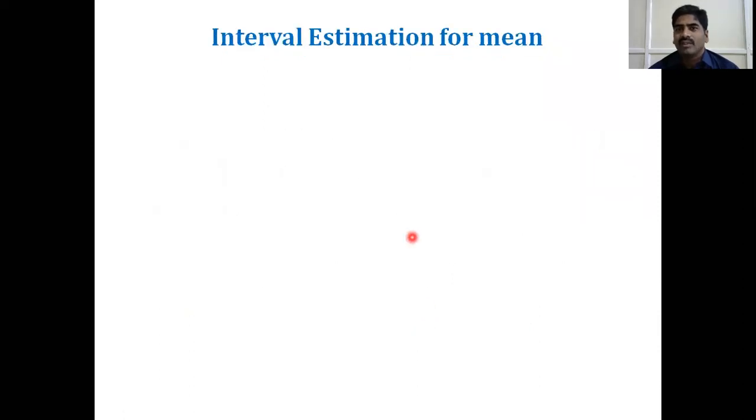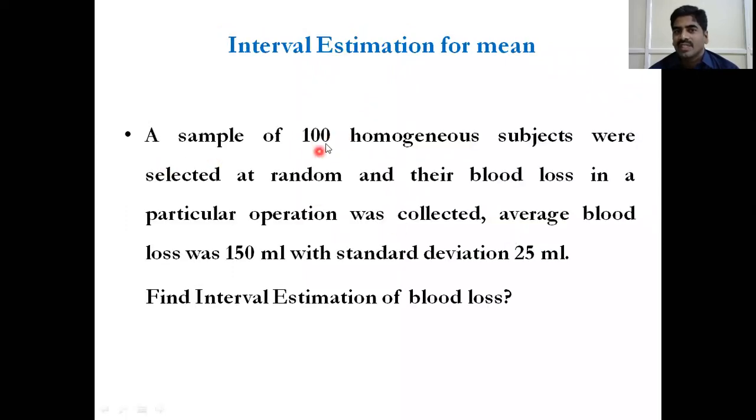See, what is the formula? First you have to calculate the standard error of mean. So what is the formula? SD by root n. The standard deviation is 25 and the sample size is 100. I will show you the question again. See here, the sample size is 100, standard deviation 25, and sample mean is 150.